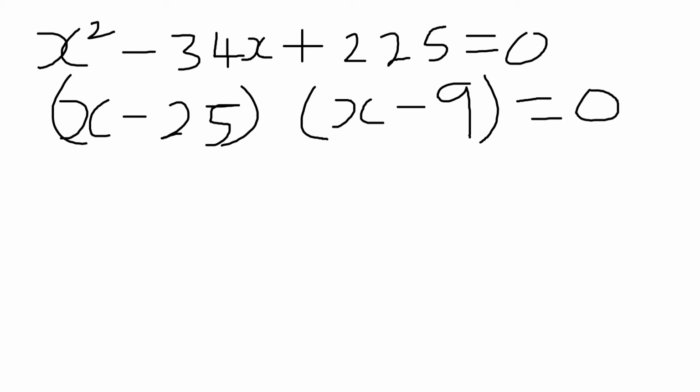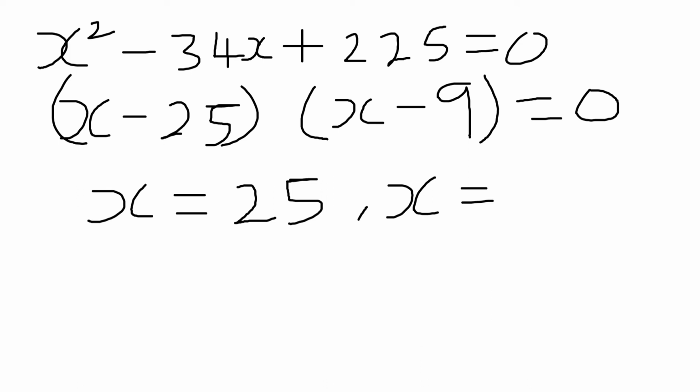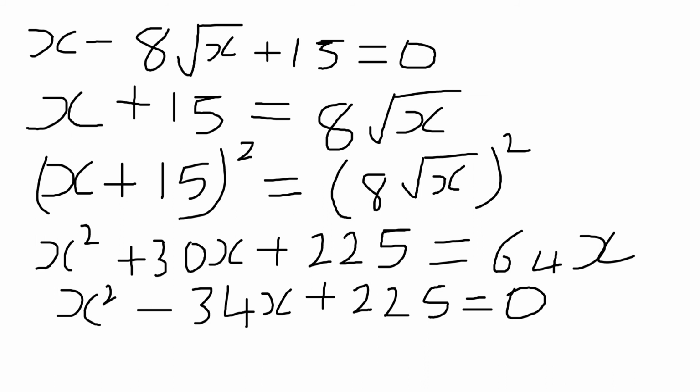So this is telling us that our x can either be equal to 25 or our x can be equal to 9. So these two values will be true if we put them in this equation.